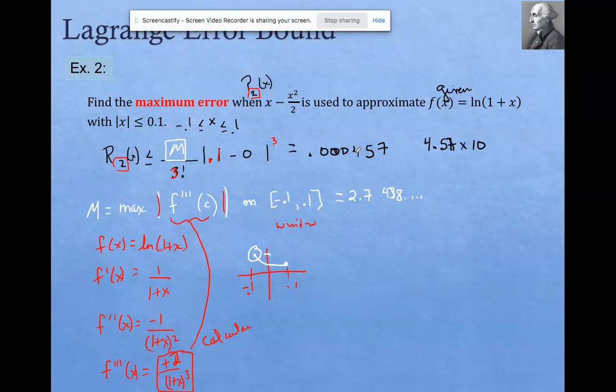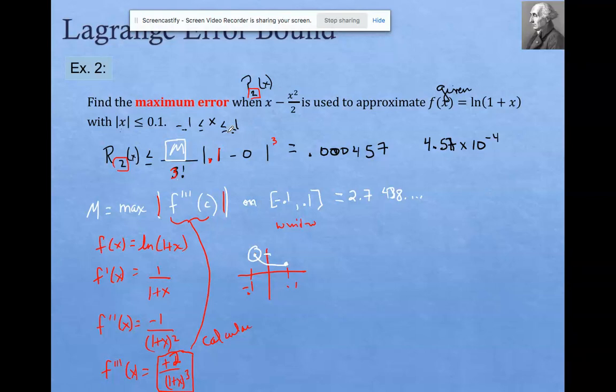So the worst error I could have in using this upside down parabola, negative 1/2 x squared plus x, to approximate this natural log function for any x between negative 0.1 and 0.1, the worst error I'm going to have is 0.000457, which means anywhere else, because that was at either endpoint, my error is actually going to be less than that.